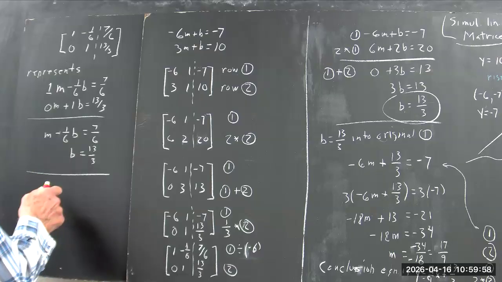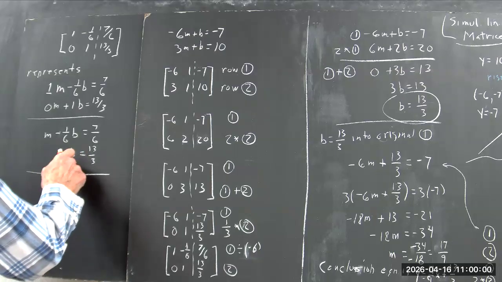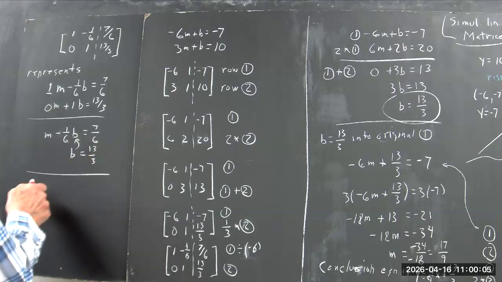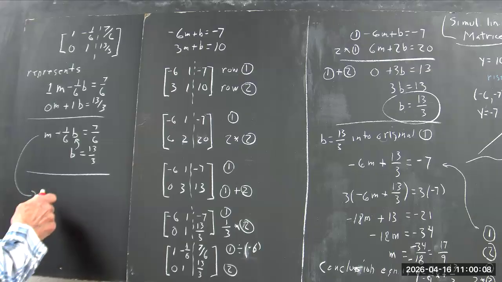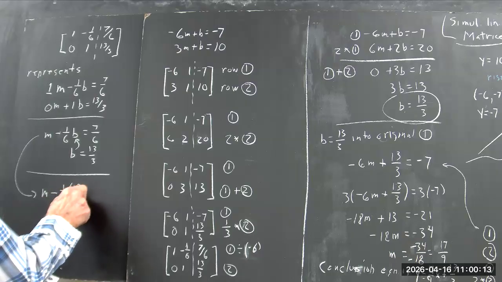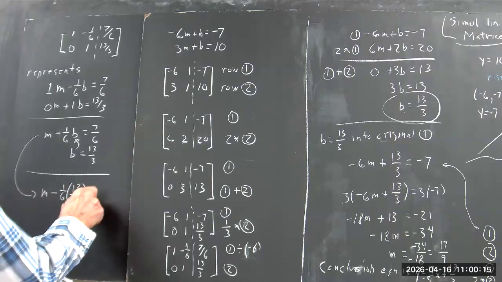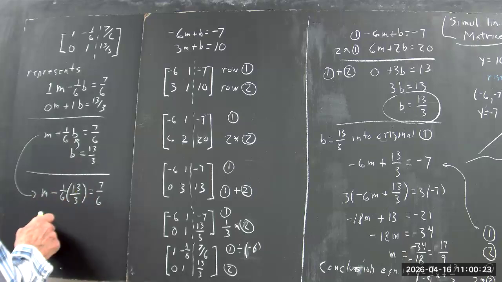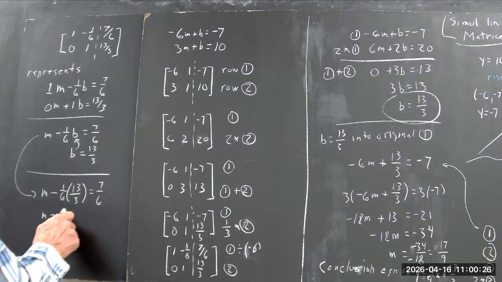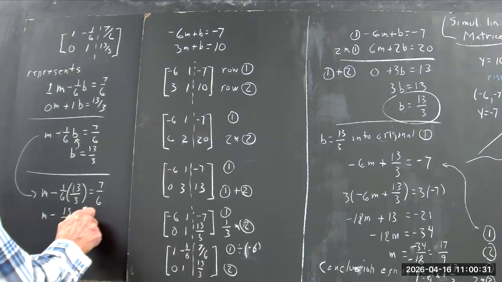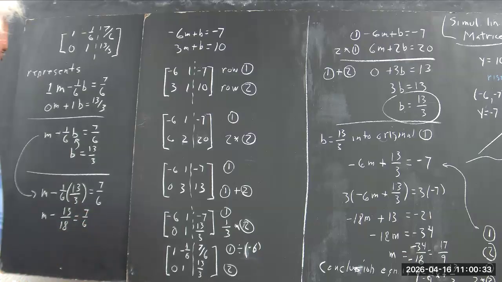I can substitute the B equals 13/3 for the B in the first equation, and that gives me the equation M minus 1/6 times 13/3 equals 7/6. Now, this is a little messy. I get M minus 13 over 18 equals 7/6.